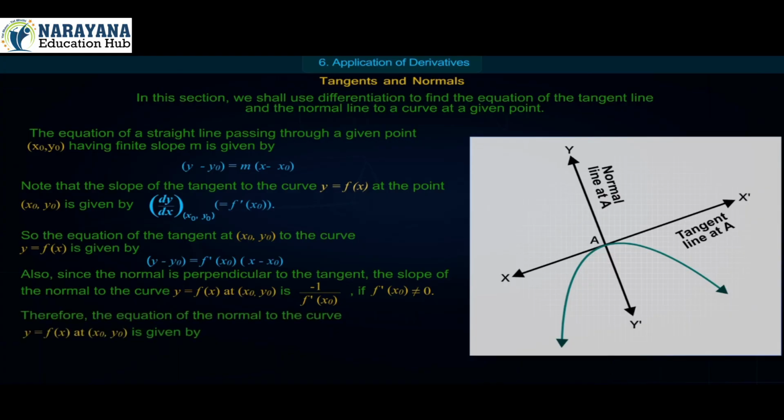Therefore, the equation of the normal to the curve y is equal to f of x at x0, y0 is given by y minus y0 is equal to minus 1 upon f dash of x0 into x minus x0. That is, (y minus y0) into f dash of x0 plus (x minus x0) is equal to 0.